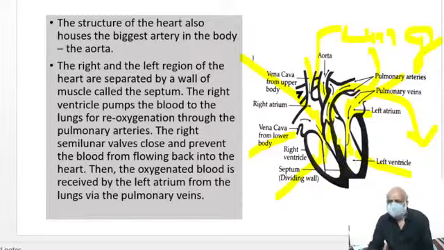The partition between these two ventricles is known as septum, which is thick in width and it is needed because here pressure to push the blood upper side is needed.